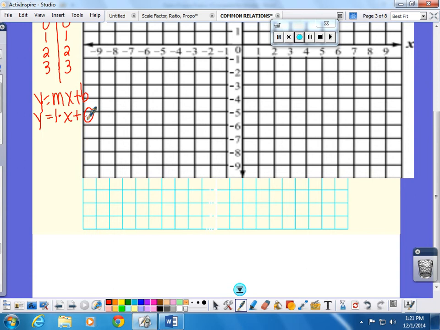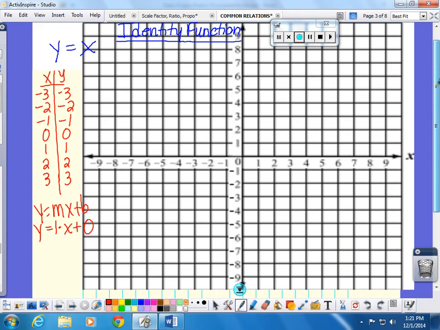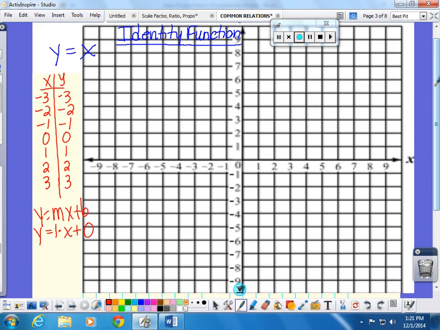Okay. Now before Thanksgiving, we graphed some lines with a point and a slope from slope-intercept form. Do you guys remember what B represents on the graph? It's called the slope-intercept. So it's the y-intercept, okay? Now the y is 0 right here at the origin.